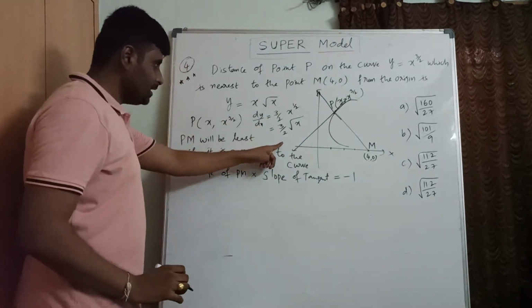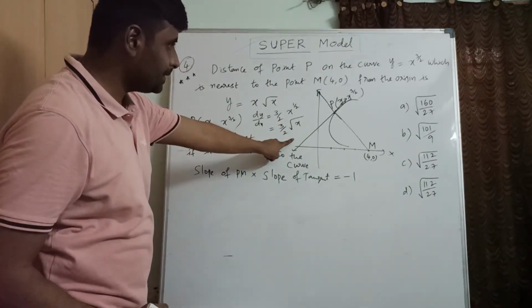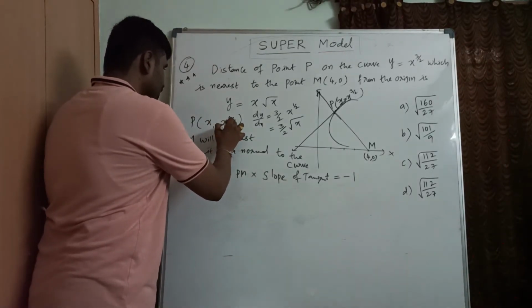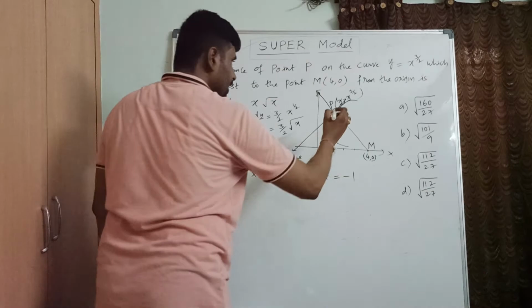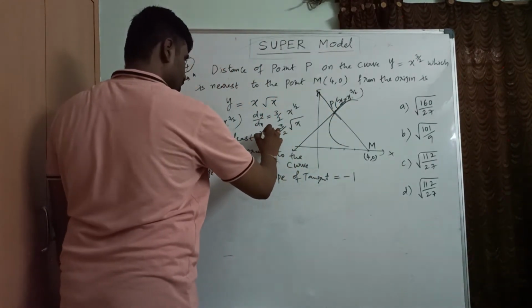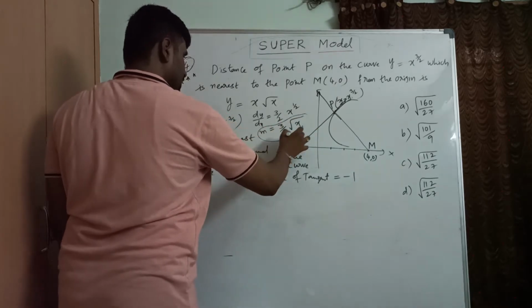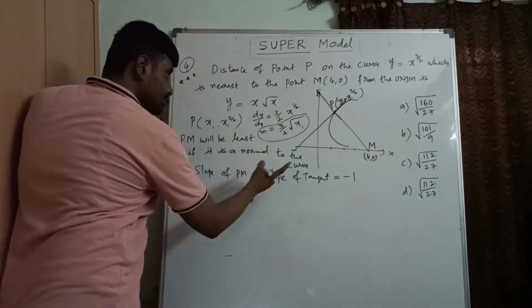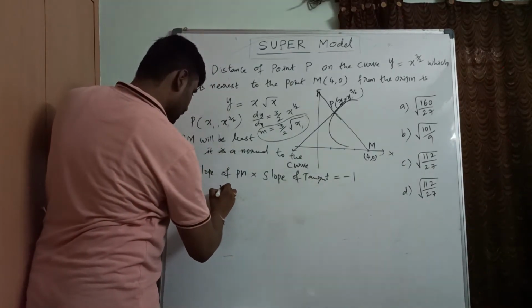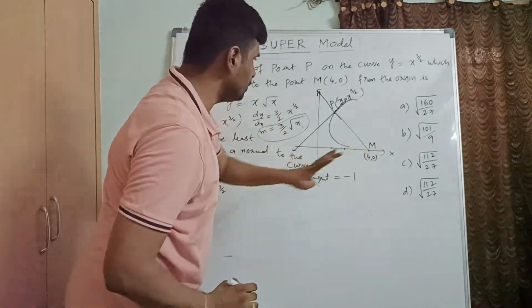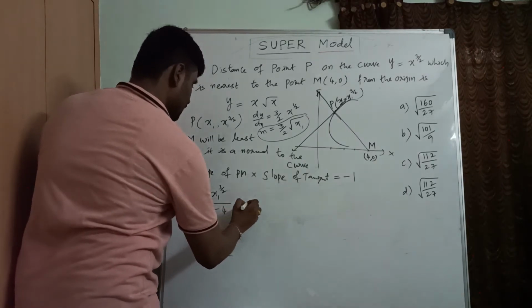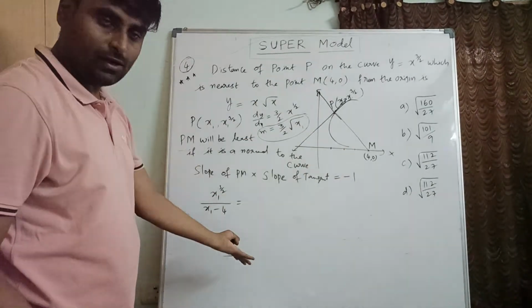So what is the slope? Now substitute the point also. Let me take this as x1 suppose. So the slope of tangent will be 3 by 2 root x1. Now PM slope is (y2 minus y1) by (x2 minus x1): x1 power 3 by 2 minus 0 by x1 minus 4. Instead of x1 we can take t also, not a problem.